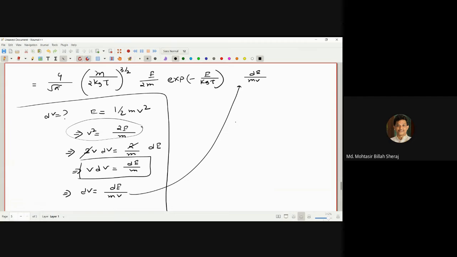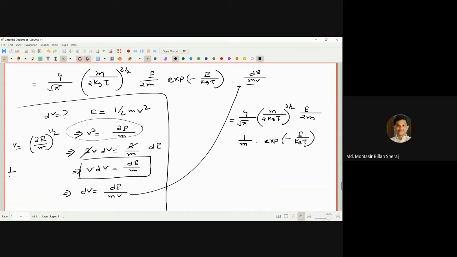What we can do: 4/√π (m/2kBT)^(3/2) E/2m, we will take this m here, e^(−E/kBT). Now what is 1/v? v² equals 2E/m, so v equals (2E/m)^(1/2), and 1/v equals (m/2E)^(1/2).